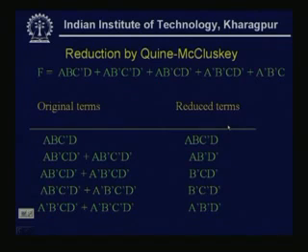Now, here the concept we have applied is that mainly we are seeing the logical adjacencies. See that two columns are adjacent means only one variable, in one column it will be complemented, the next column it will be uncomplemented.